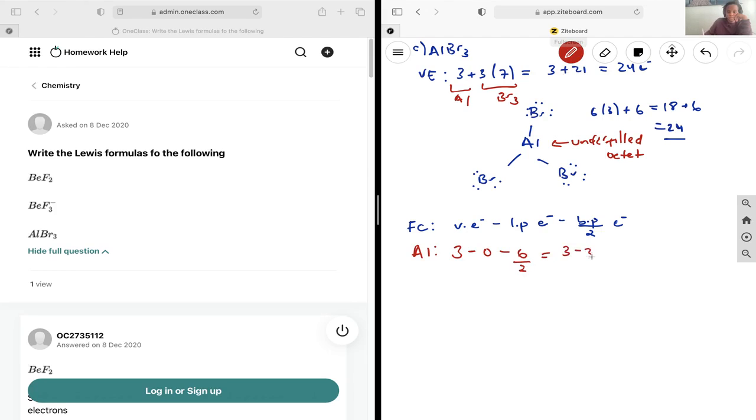And that's just 3 minus 3, which is 0. For our bromines, that is going to be 7 minus 6 on each of them, minus 2 over 2. And that's going to give us 7 minus 7, which is again 0. And that again makes sense because we had a net charge of 0, which is allowed according to the formal charges we have on each of them. And so this is going to be our final structure again. And those are our final answers.